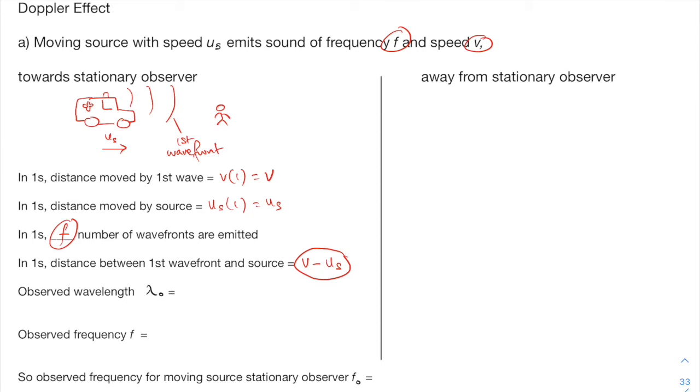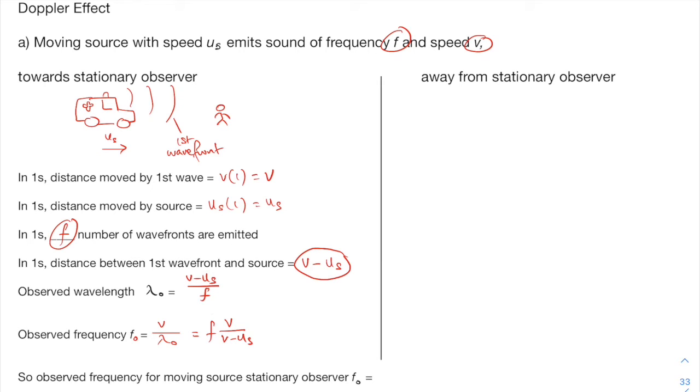So this is the distance that will have to squeeze in f number of wavefronts. So the wavelength observed would have been v minus u subscript s divided by f. And therefore, the observed frequency f naught would have been v, the speed of the wave, divided by the observed wavelength. And this will work out to be f v over v minus u subscript s.